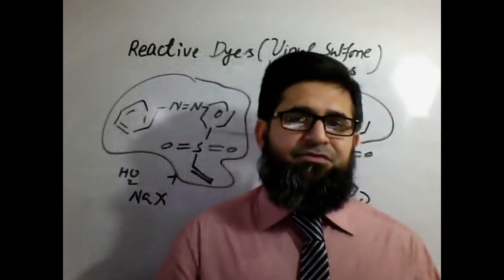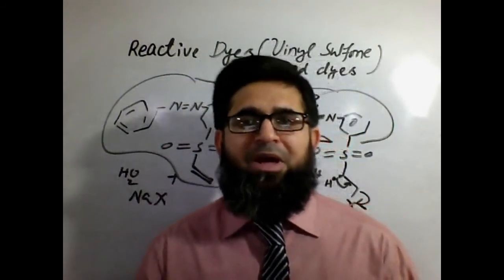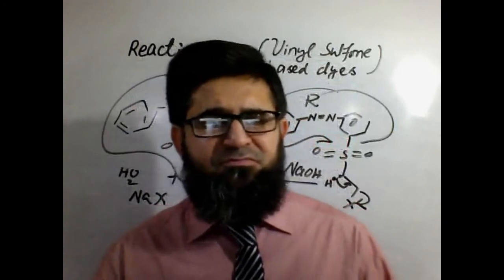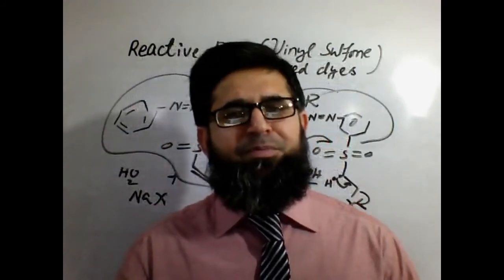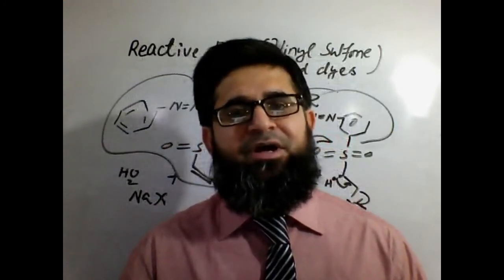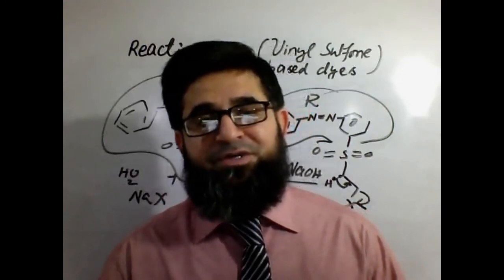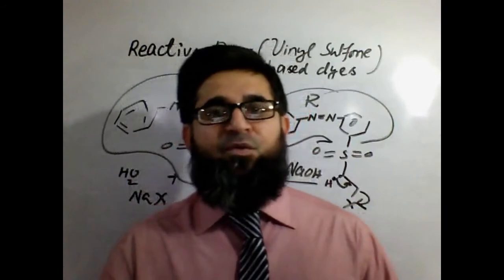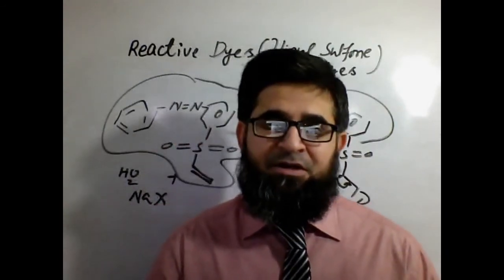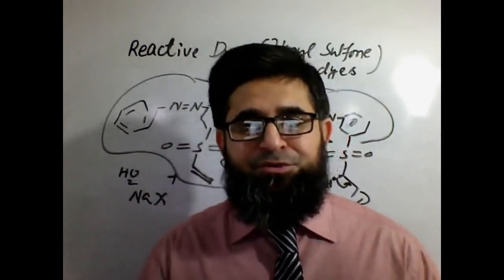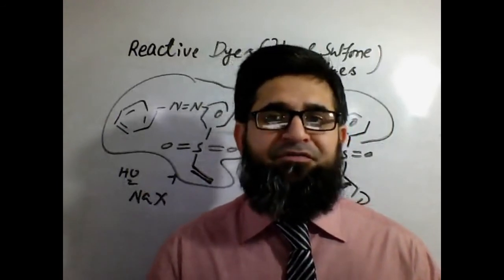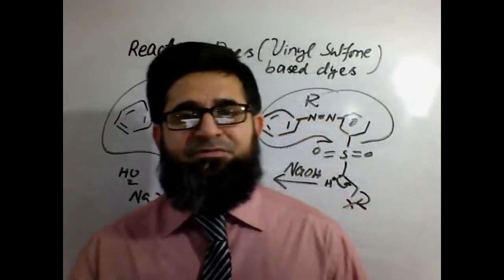Then in case of dye, we have looked into Azo dyes. I've given you a very comprehensive and detailed lecture on Azo dyes, and in that respect we have looked into diazotization. We have looked into the couplers, how the couplers are produced, why we need couplers, how different shades and colors of dyes are produced.